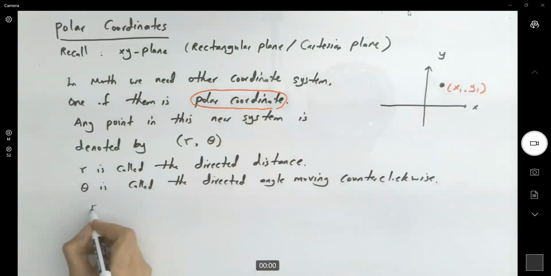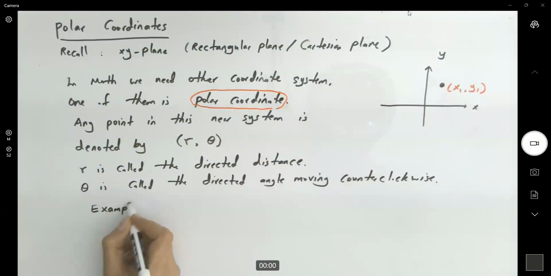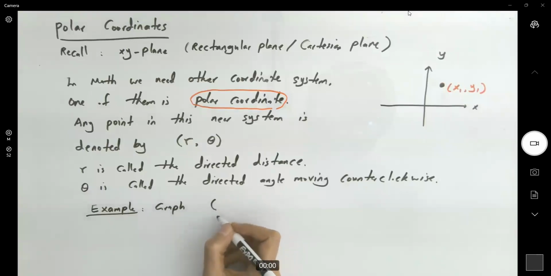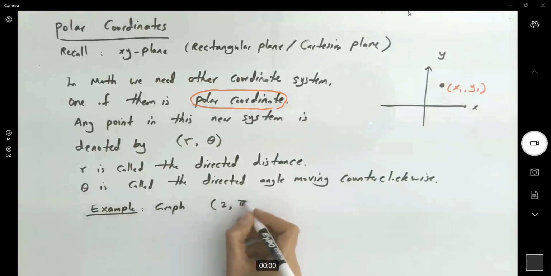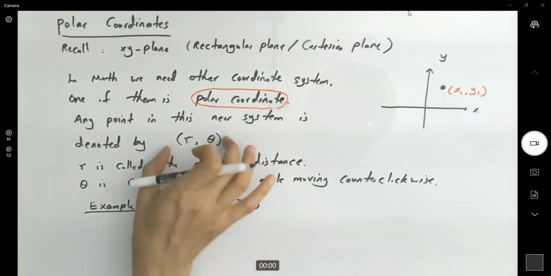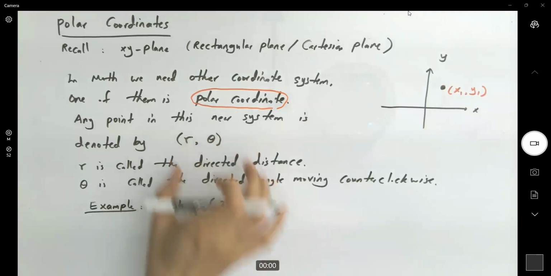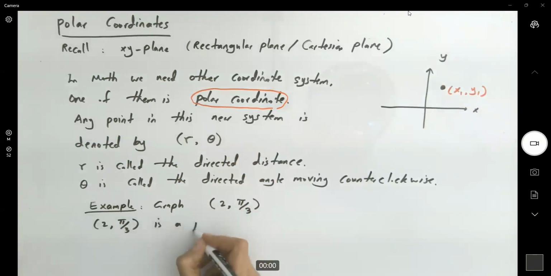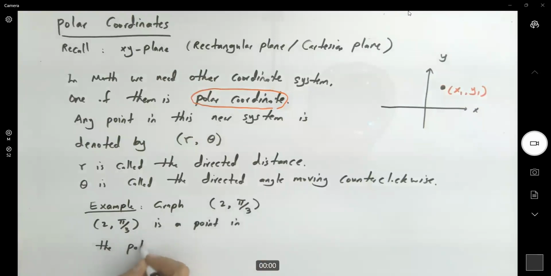For example, if I ask you to graph (2, pi over 3), you're going to say, hey, I'm dealing with a polar coordinate. (2, pi over 3) is a point in the polar coordinate system.